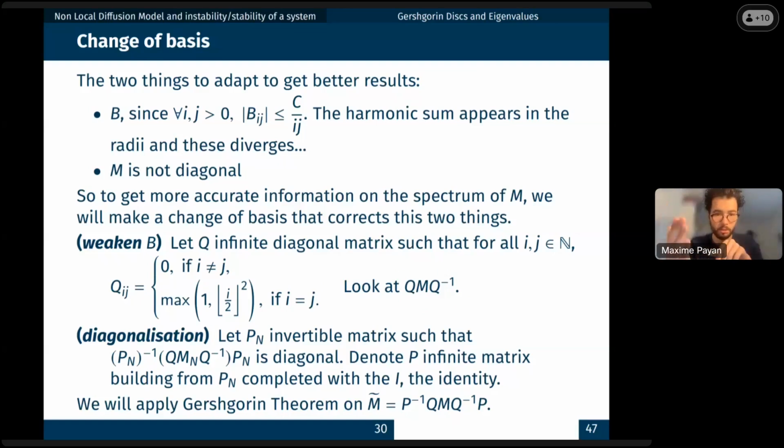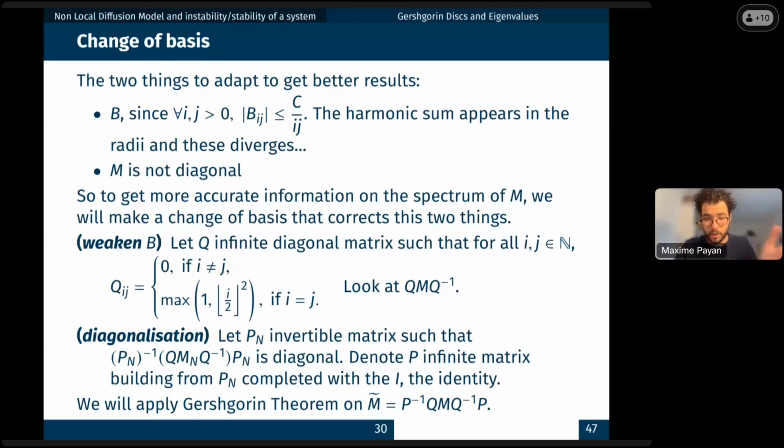So we multiply it by what we want, and then we diagonalize this matrix Q M Q minus 1, or rather a truncation of it, okay, and we complete it by the identity, and we will shrink the first disks.